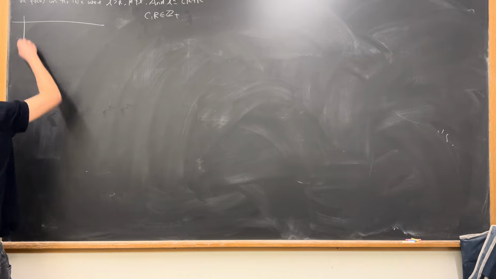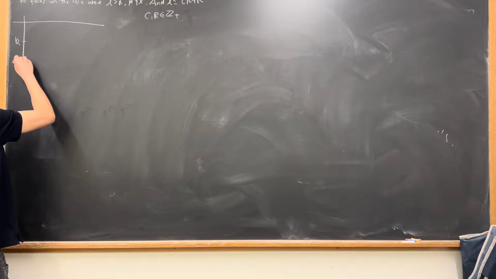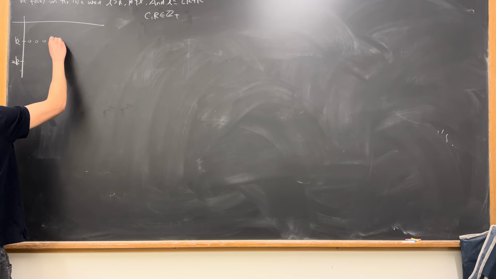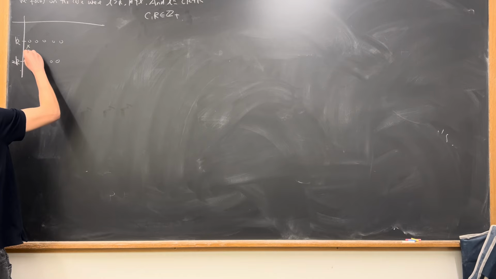So in a graph, we have that. So this is like K to K, and then we have the omitted points here, and then we have the lengths.